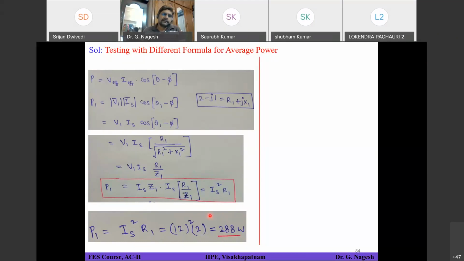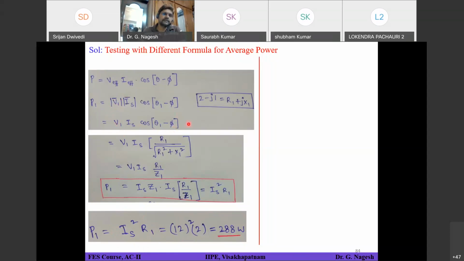Similarly, can you find the expression in terms of voltage V1? Same load you are considering. Here it is Is square into R1. Try to convert this Is square into R1 in terms of voltage V1 and R1. Or you can start from the basic point, that means V1 into Is into cos of theta 1 minus phi.